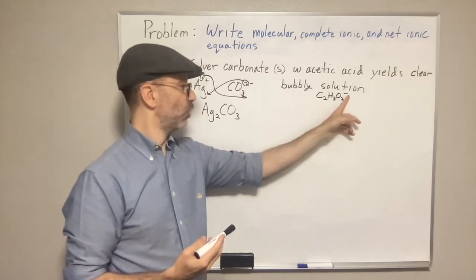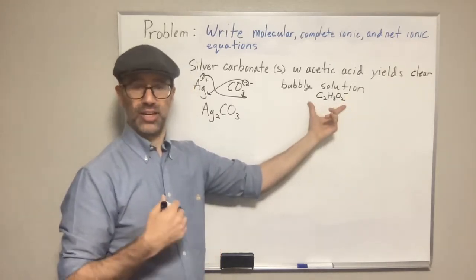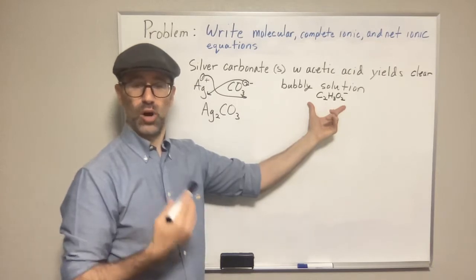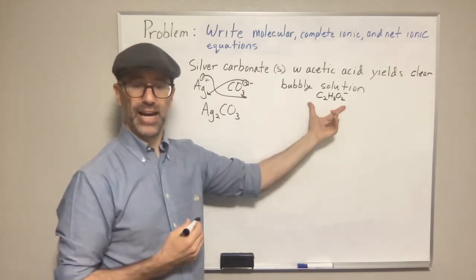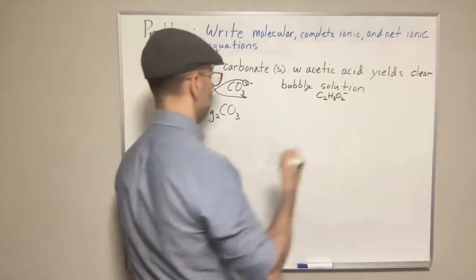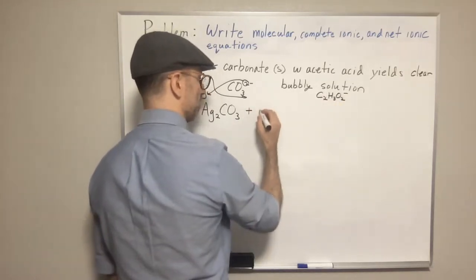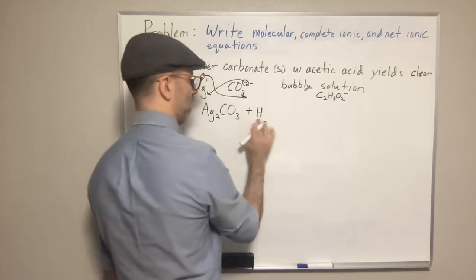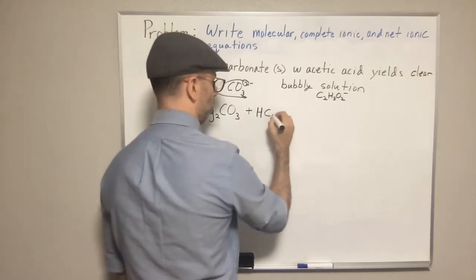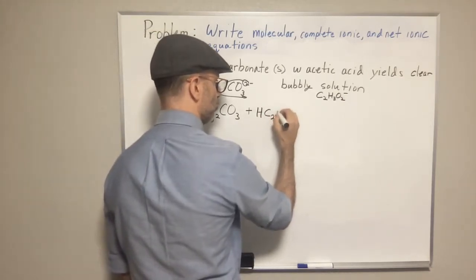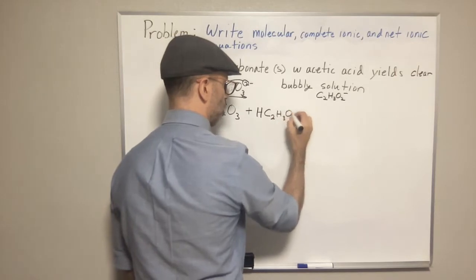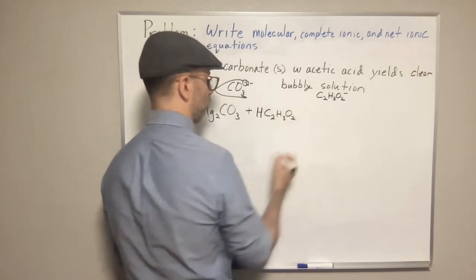So we have a -1 here. Hydrogen is an H plus, so that's 1. So all we need is 1 hydrogen to balance this. So the formula for our acetic acid is going to be H. We write the H first for acids, and then we write the ion, C2H3O2. And so that's it.